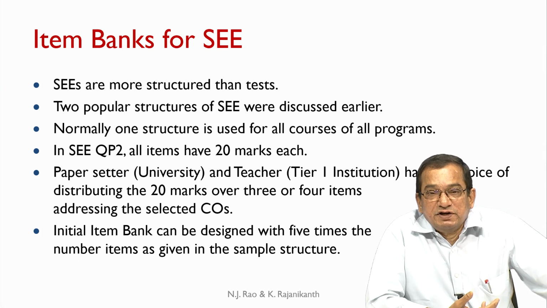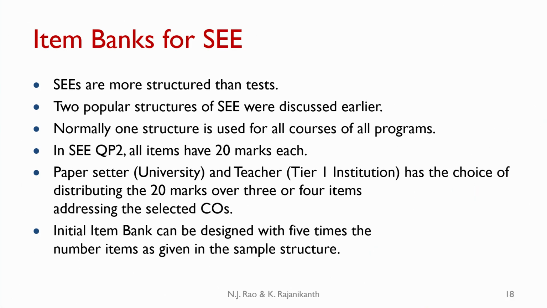Paper setting basically happens at the university level for tier 2 institutes, and the paper setter has to make use of the item bank, and she has the choice of distributing the 20 marks over 3 or 4 items. Subsections can be there, in the sense that the first question has up to 4 subsections A, B, C, D, and the mark distribution across these 4 subsections the teacher has the freedom to decide, though some institutes do have certain guidelines regarding this. In tier 1 institutions, the teacher has to do this.